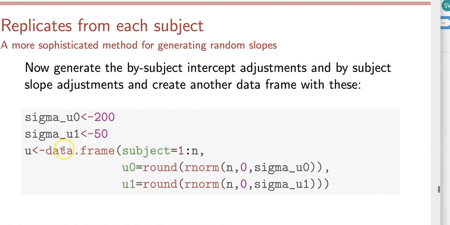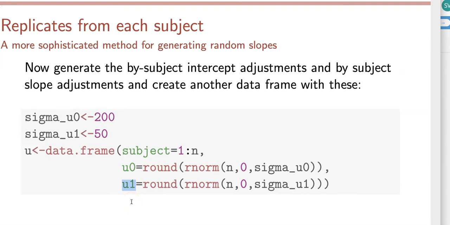What I've done is I have set up the standard deviations for the intercept and slope adjustments, 250, right? And then I created a subject vector going from 1 to 10 in this case, and I created a column called U0 that has the intercept adjustments, which I've just generated here, and another column called U1 which contains the slope adjustments.